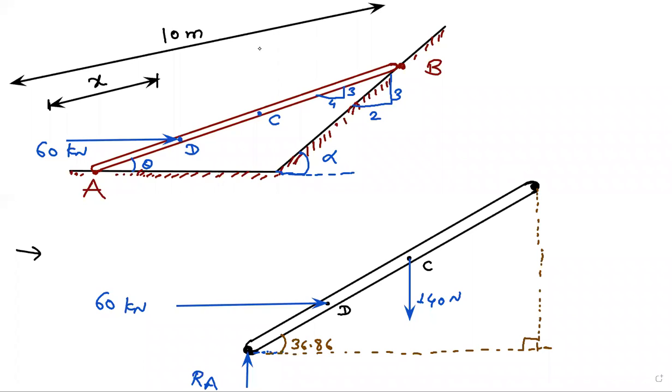Then at B, there is an incline perpendicular. So it is RB. Angle is equal to, this angle is 90 minus alpha. So it is having two components. Okay. So it is 5 meter distance.